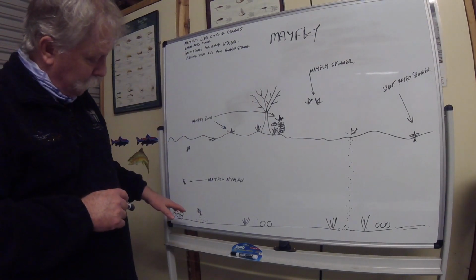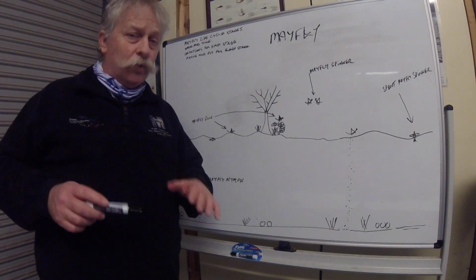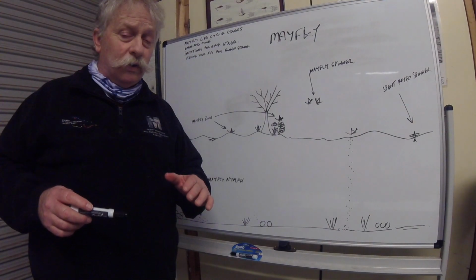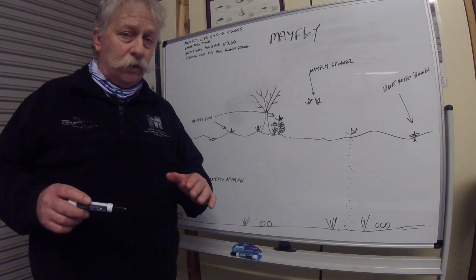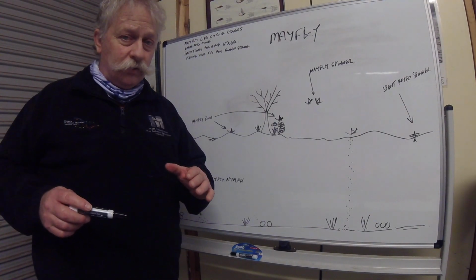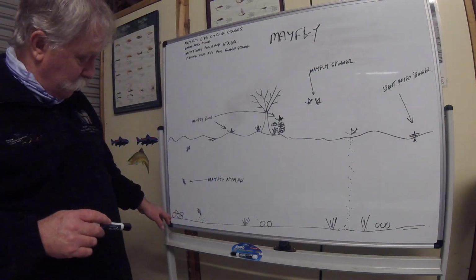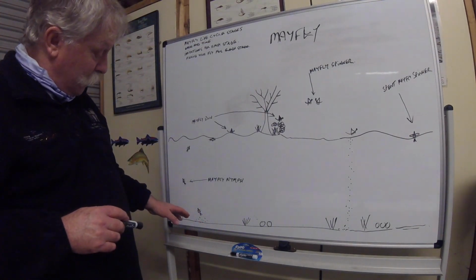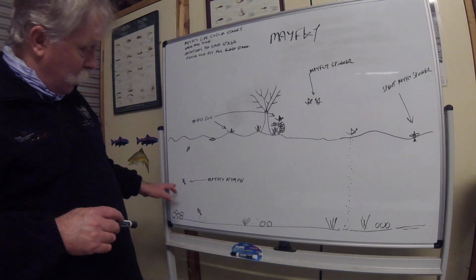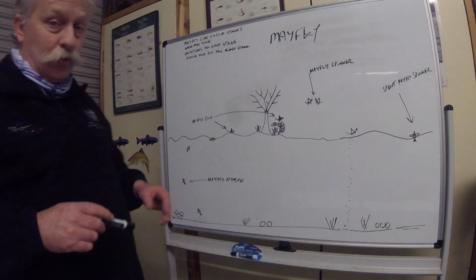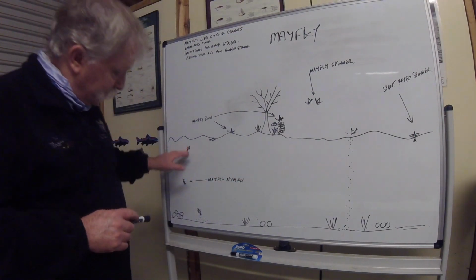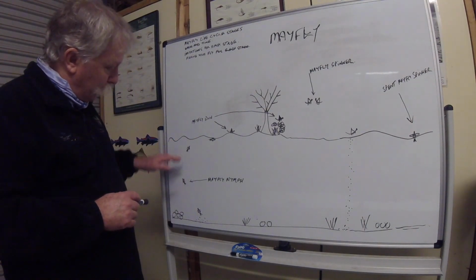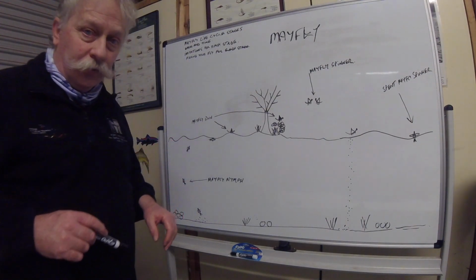Okay, now at that time, when the water level and the actual water temperature increases, the nymphs decide to leave their habitat of rocks and woody debris and so forth, and then emerge up or ascend to the water surface. Now, at this stage, through the water column, trout will feed on them, all right?